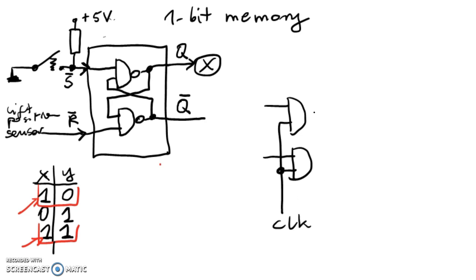If clock is equal to 1, the signals S and R are transmitted.